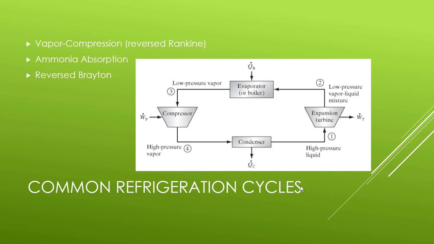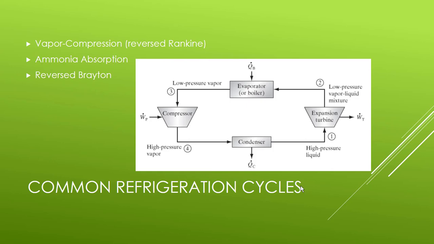You're going to have the two different heat exchangers, and then you need some way to go from high to low pressure. The cheapest way to do that is through a valve. Ammonia absorption is often very commonly used, but it is beyond what we are ready for at this stage. We will come back to ammonia absorption a little bit later in this course.